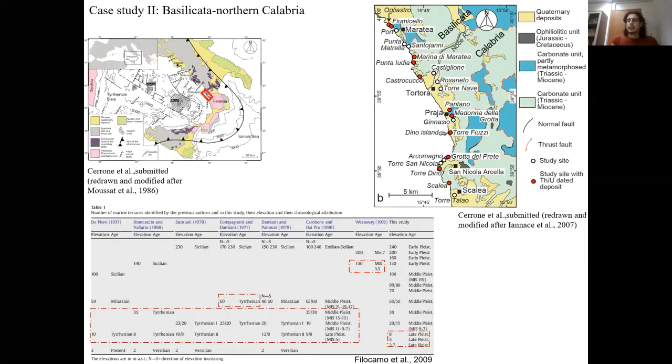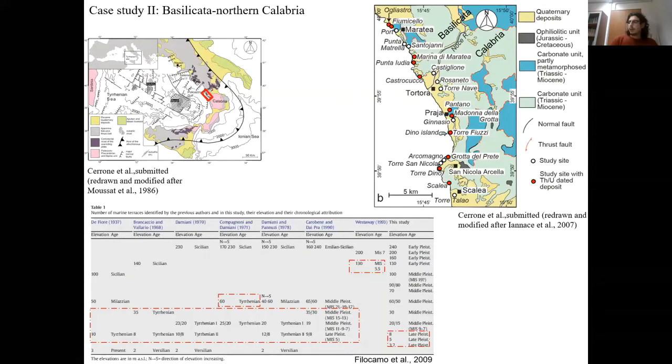In the area, even if a flight of marine terraces up to 170 meters is well known from the literature, most of the marine terraces here are undated, and so both the chronological framework of relative sea level markers and the Quaternary uplift of the study region are still debated.